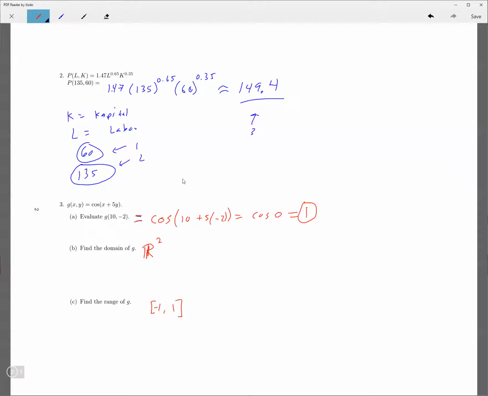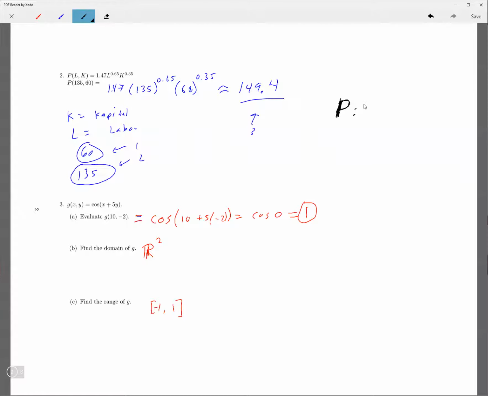Now, for both of these functions, here you have the P. And for functions of several variables, it's important to realize what you're dealing with.